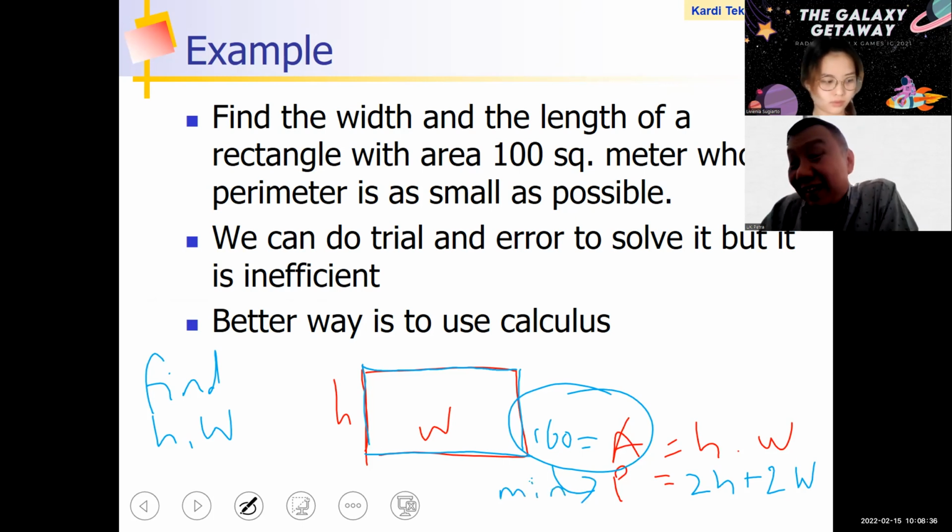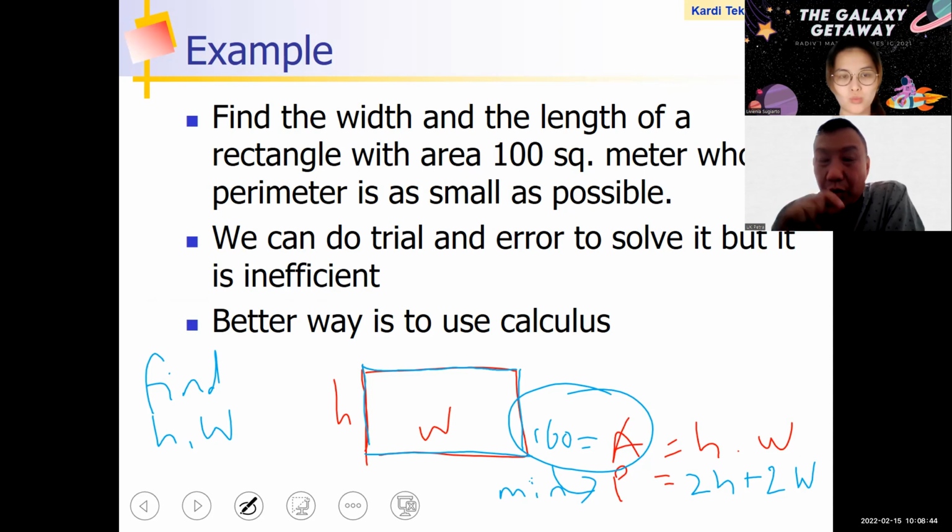Can you do it? So you want to minimize the perimeter by finding the height and the width, but there is a constraint of area. How do you do that?